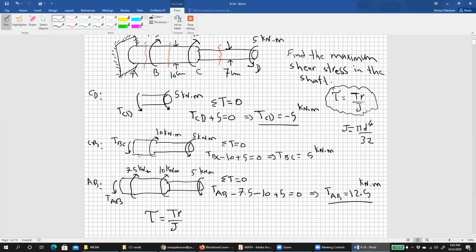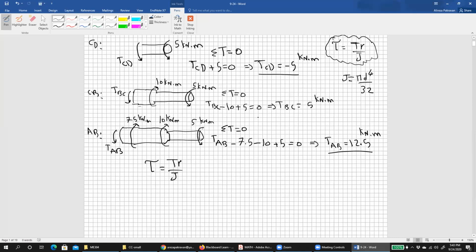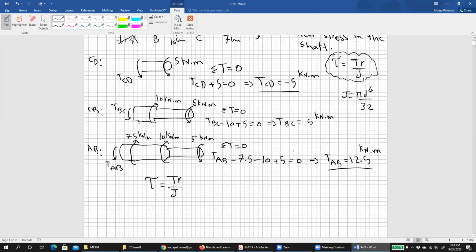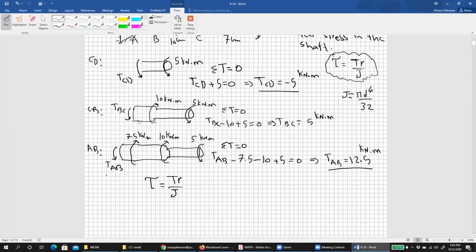So now let's write from AB first. For BC, we don't need to calculate because BC is clear: AB is greater than BC, and R and J are the same. So the two sections are AB and CD.